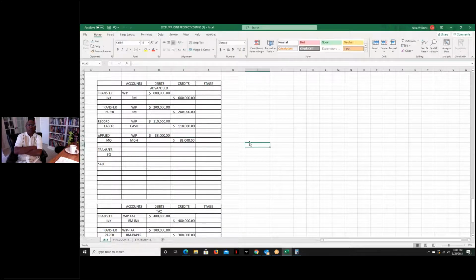Then for transferred goods, it's 80% of the materials and 100% of the labor and manufactured overhead, which gives you 838,000.